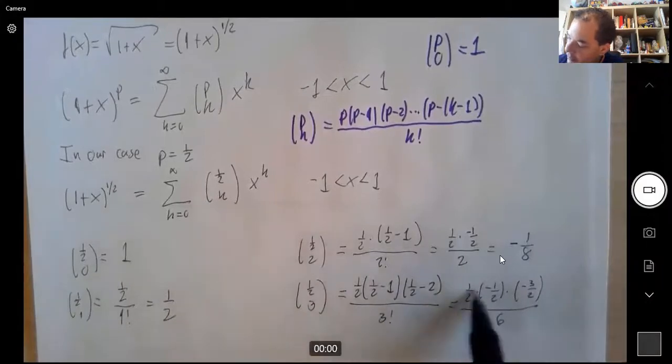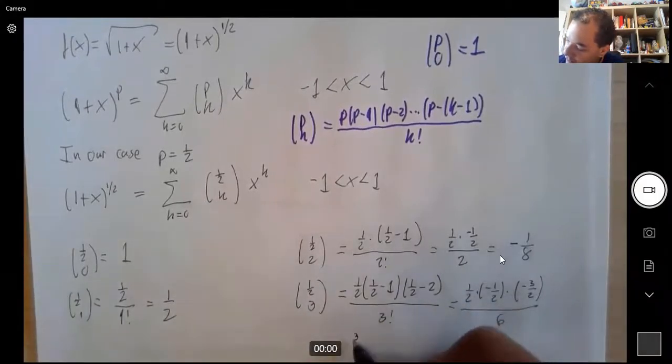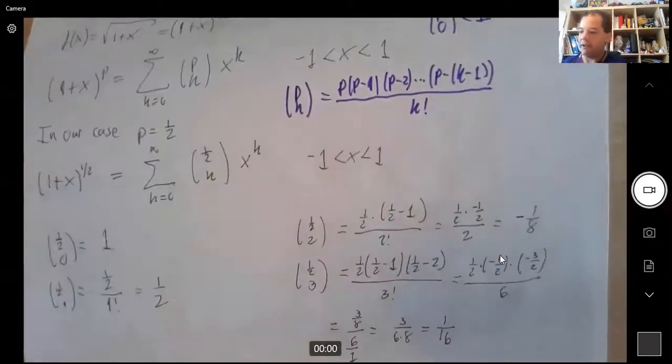So that's negative times negative, that's positive. So in the top is 3/8 and in the bottom is 6. So this is 3 over 48, 3 over 6 times 8. So that's 1 over 16, I believe. If I did everything right.